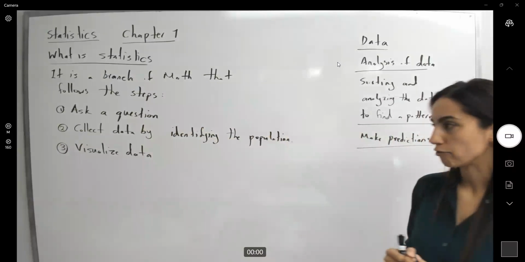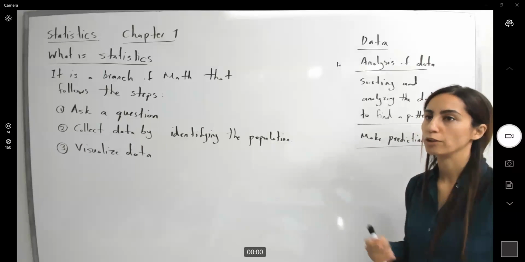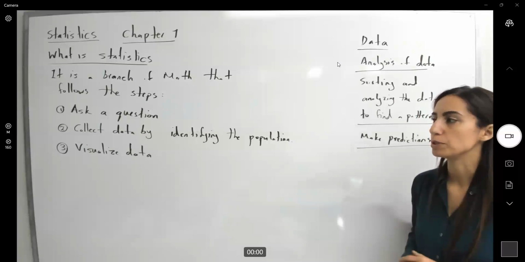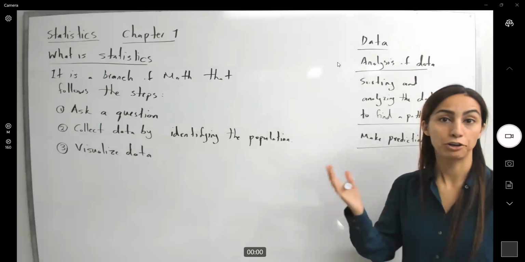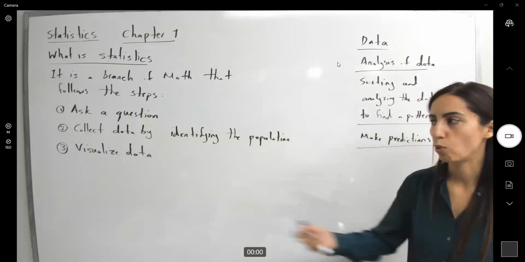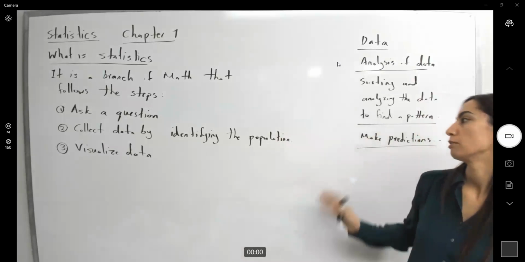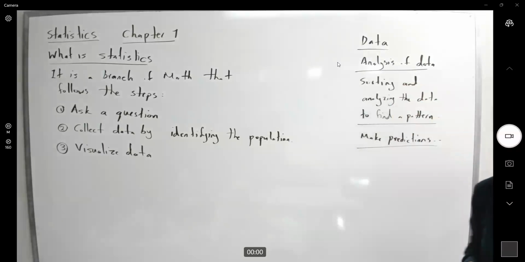Sometimes you have finite numbers of data. For example, I just want to know what is the average GPA of students sitting in my class, and I have, for example, 45 students. I have finite numbers of data. Well, I start using my whiteboard and a marker and graph the data.